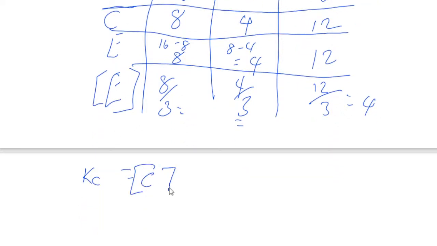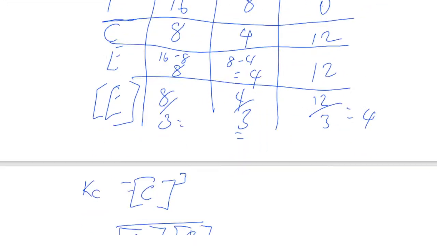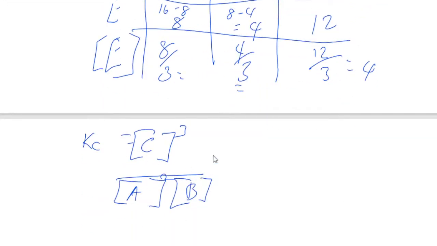Concentration of C, which is 3, over concentration of A and over concentration of B. But A is 2, so it means that I have to square A. So now you substitute what you got here in this, and then you find the KC value. I think I'm clear there. That question is also cool, right?